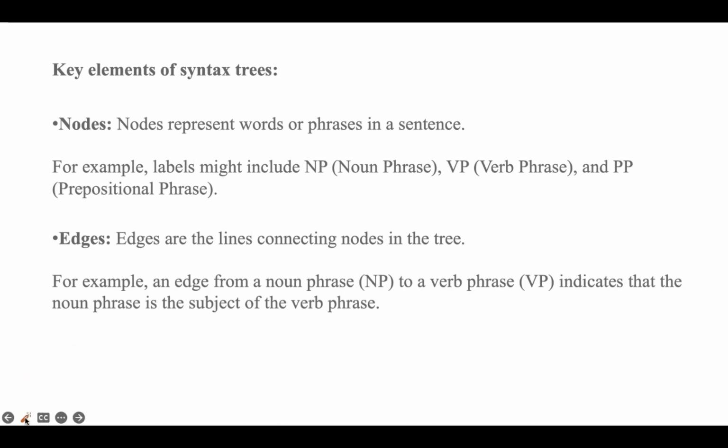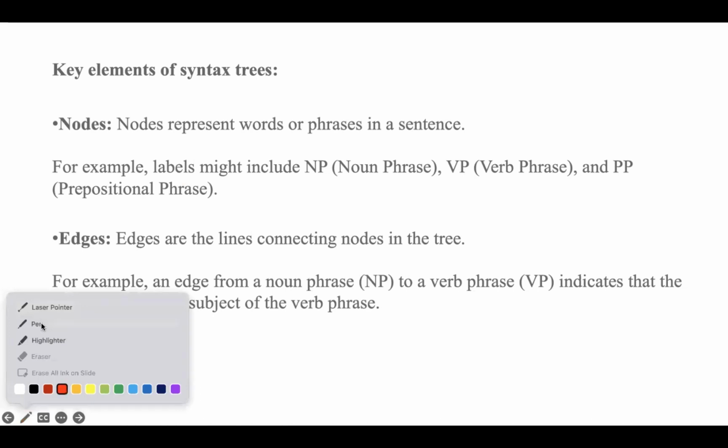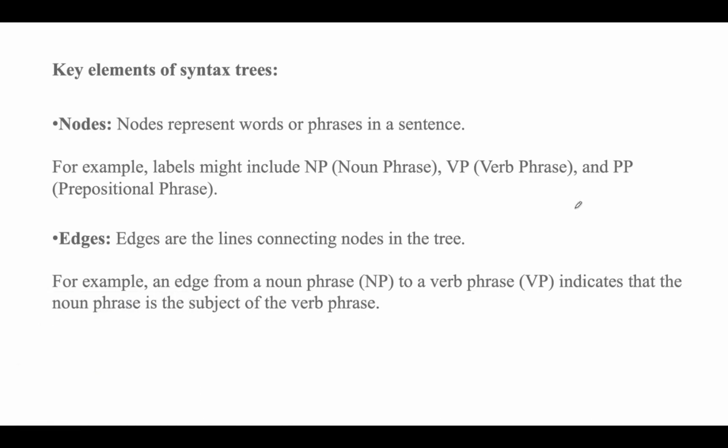Then that edge indicates that the noun phrase is the subject of the verb phrase. Let us see it like this: suppose we have a noun phrase and there is an edge from the noun phrase to the verb phrase. It indicates that the noun phrase is the subject of the verb phrase.